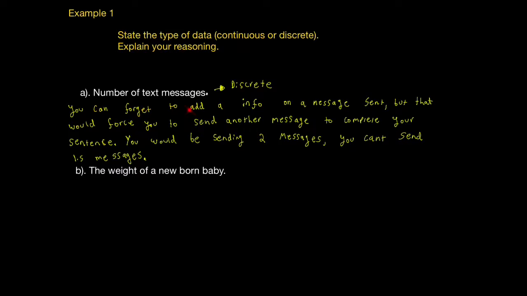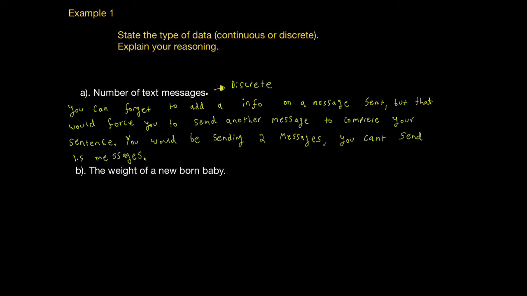So you can forget to add information on a message sent, but that would force you to send another message to complete your sentence. You would be sending a total of 2 messages, and in this scenario, you can't send 1.5 messages. There's just no way. 1.5 messages does not exist, which means that messages are getting counted. So number of text messages, we're gonna go with discrete here.